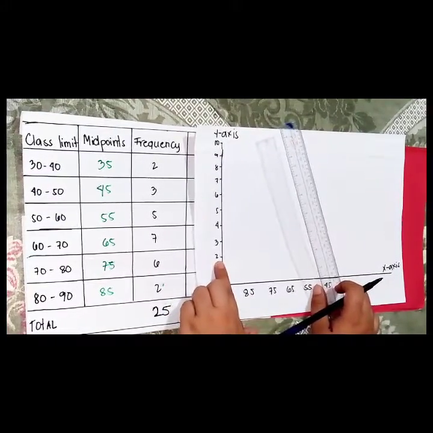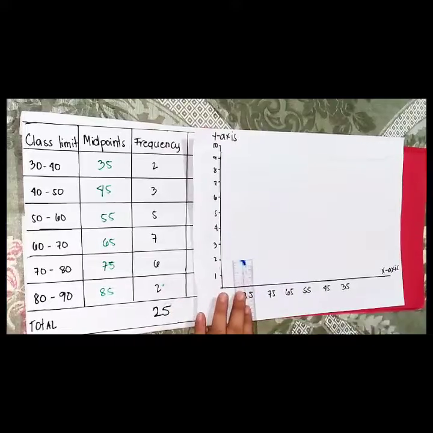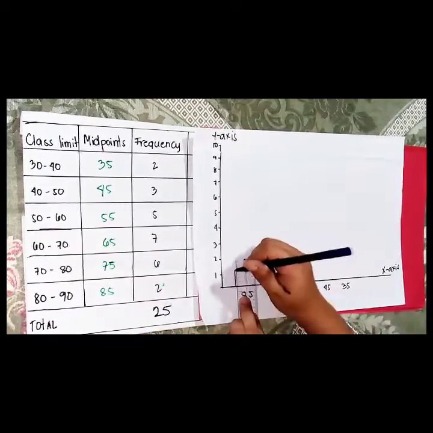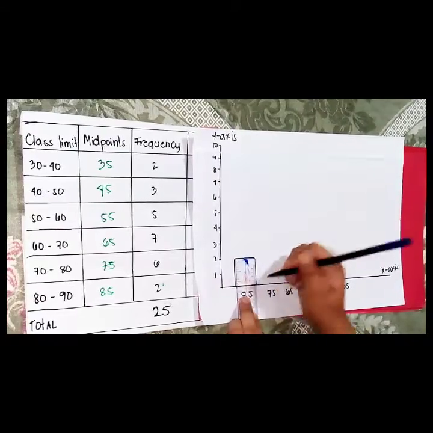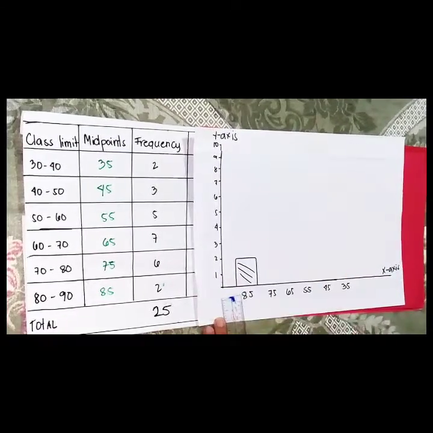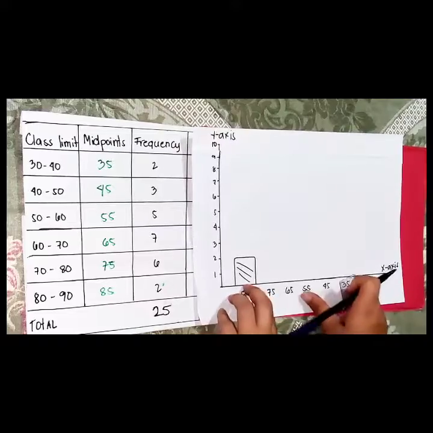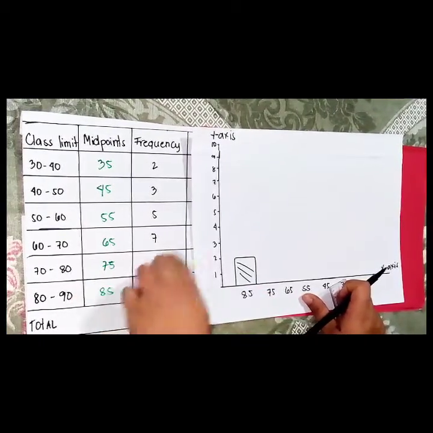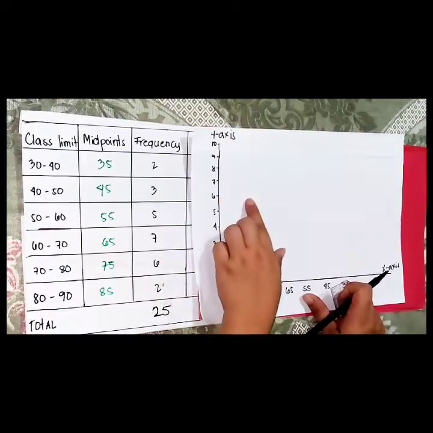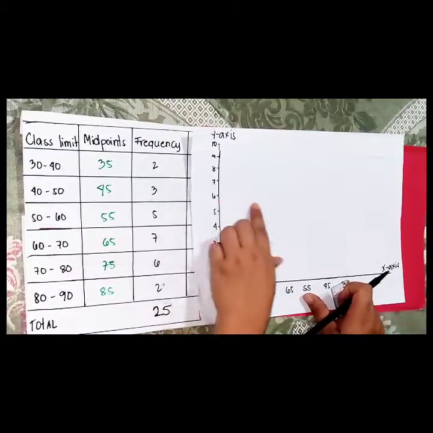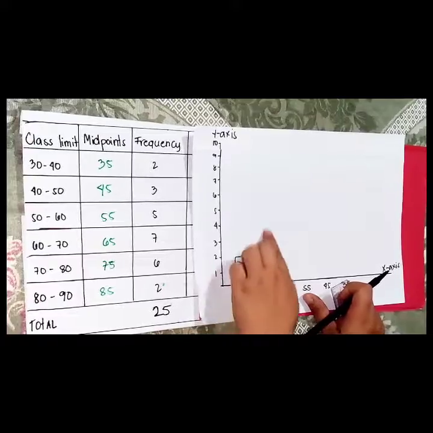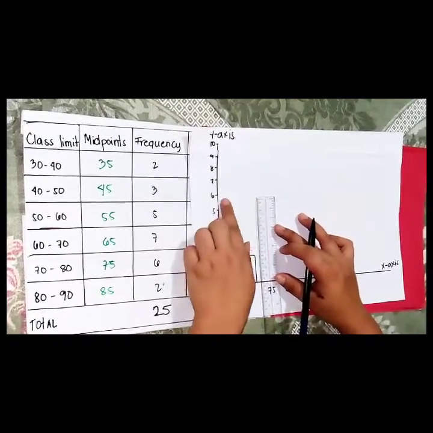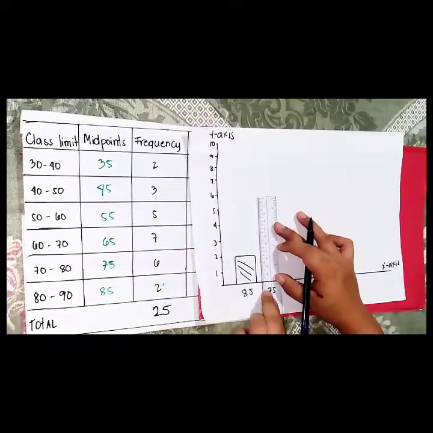So we are going to create a bar graph now in line with our 2. Next, in our midpoint of 75, we have a frequency of 6. So we will proceed to the frequency, which is the y-axis. We are going to create a bar here. So this is number 6.